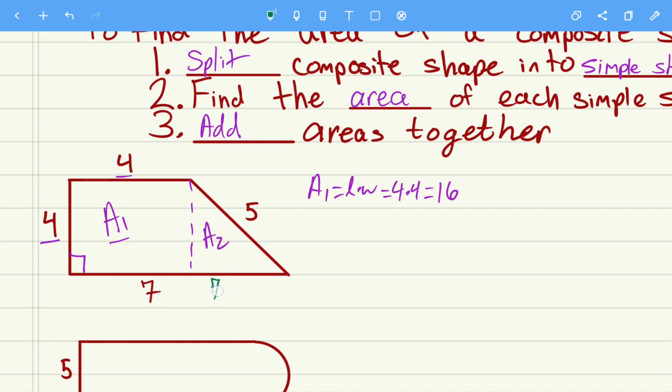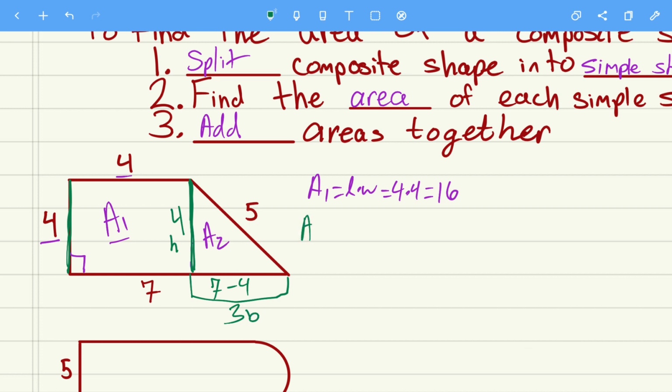So if we do 7 minus 4, that means this piece right here is 3. Now, we have the length of this side here as well, and that is equal to this side right here, which makes this 4. So this will be our height, and this will be our base.